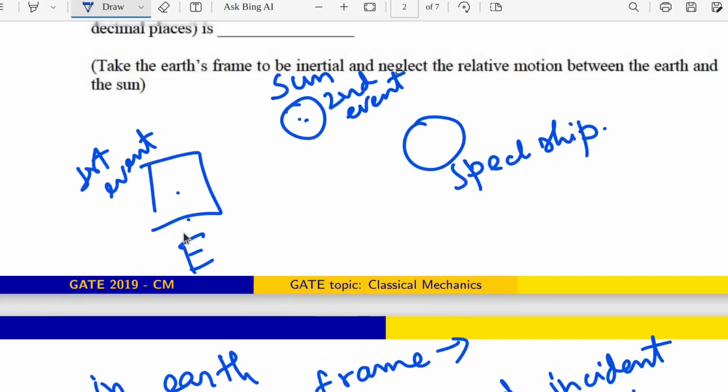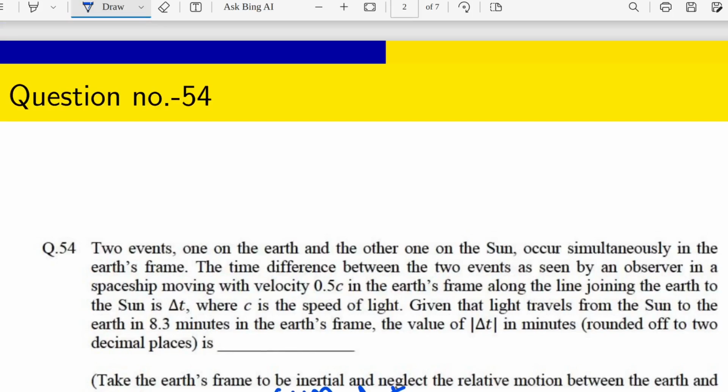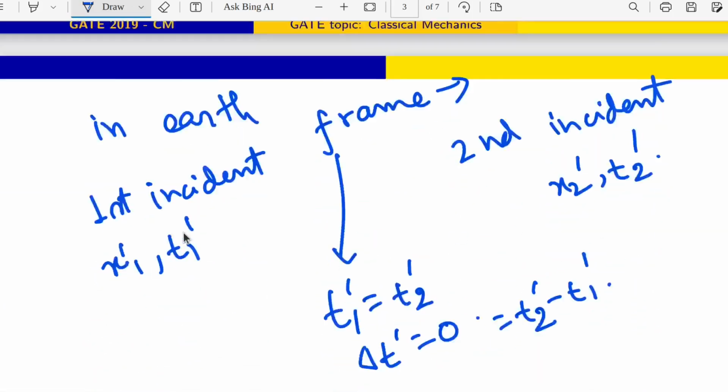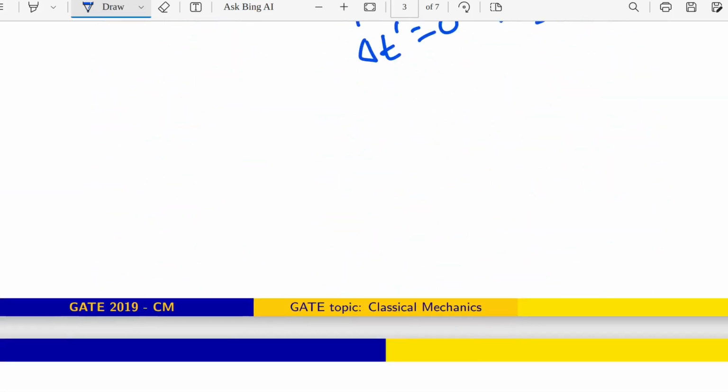In the earth's frame, one event occurred on the earth and another on the sun, and these two occur simultaneously. The time difference between the two events as seen by the observer in the spaceship moving with velocity 0.5c along the line joining the earth to the sun is delta t. So in the question they are asking about delta t.